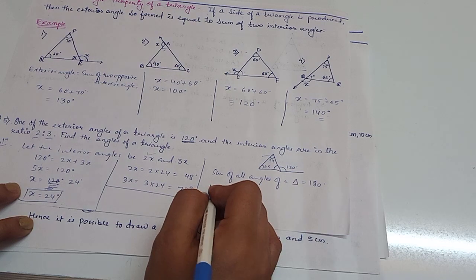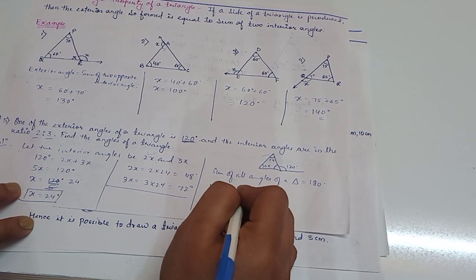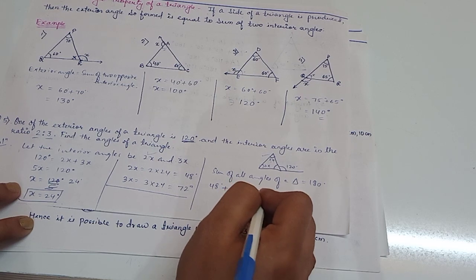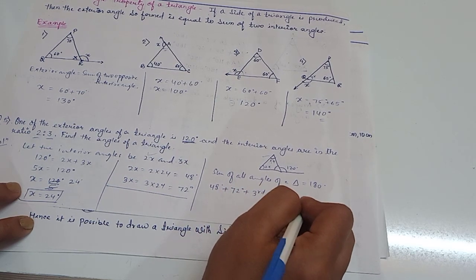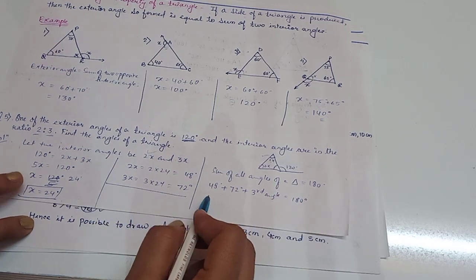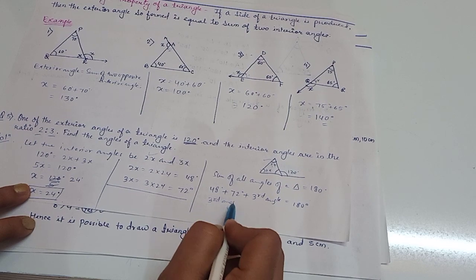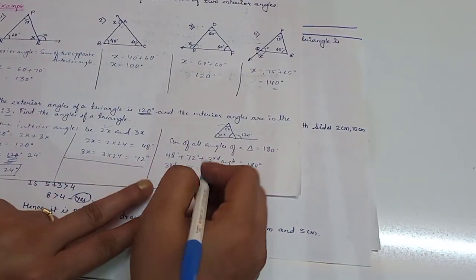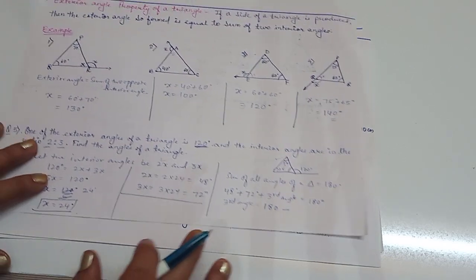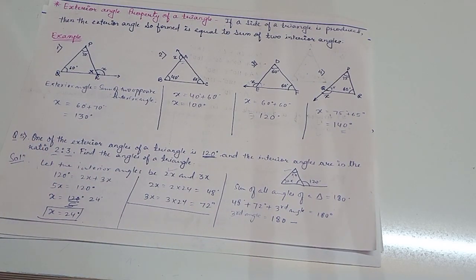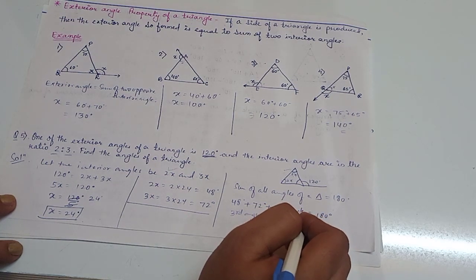So we can do it: 2x is 48 degrees plus 72 degrees. We don't know the third angle, so let the third angle be written like this, and the total is equal to 180 degrees. So we can simply find the third angle like this: 180 minus 48 plus 72, which is 120.